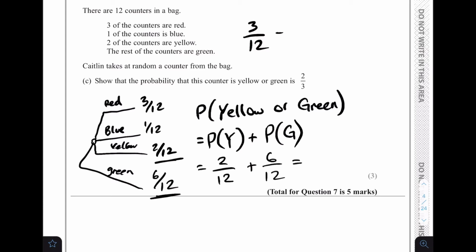And that equals 6 plus 2 is 8 over 12. The denominators are the same, so we don't need to change them. Now, once we get to this point, we still haven't got the answer that we're looking for. So we can do a simplification here. We can divide the top and bottom by 4, because that's the highest common factor between the two numbers. If we divide top and bottom by 4, we get 2 over 3, and then we've got to the answer that we were looking for here.